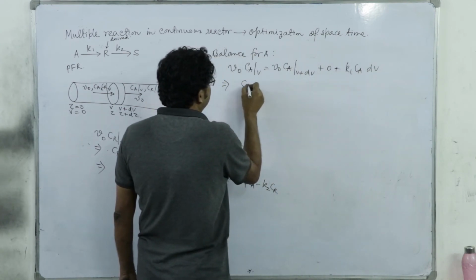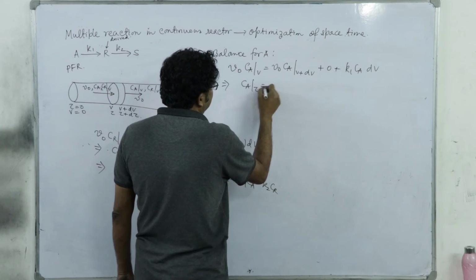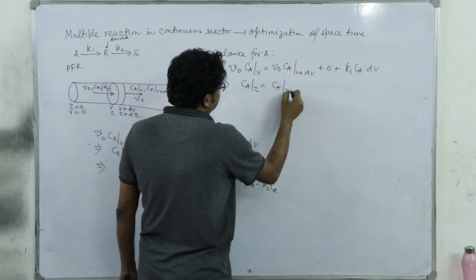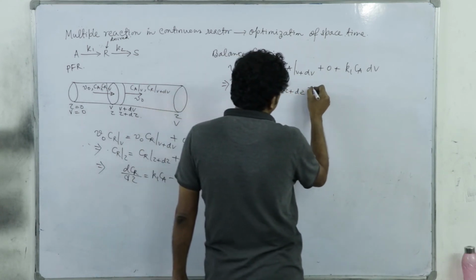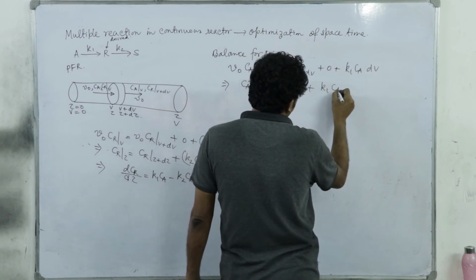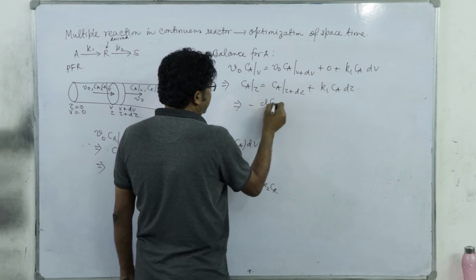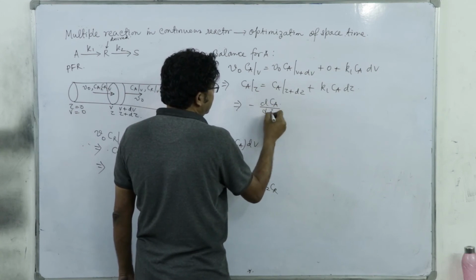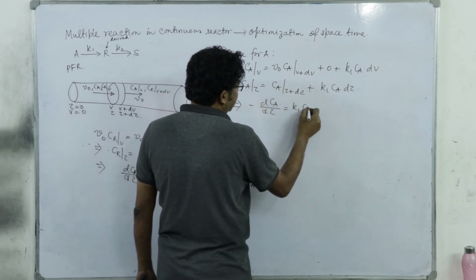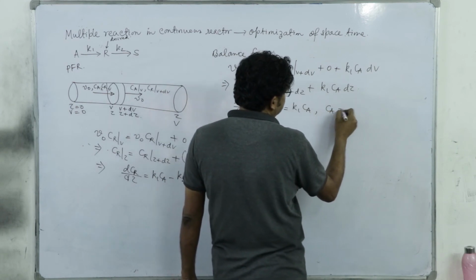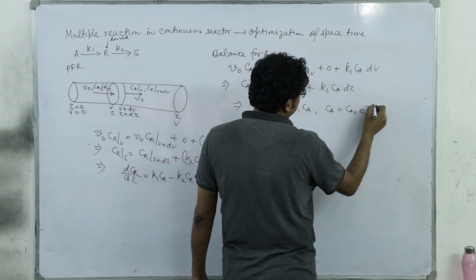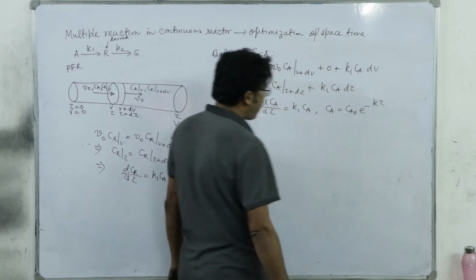So dividing it by V naught, we get Ca tau is equal to Ca tau plus d tau plus K1 Ca d tau. So obviously we get minus of dCa d tau is equal to K1 Ca, which indicates that Ca is equal to Ca naught into e to the power minus k tau.